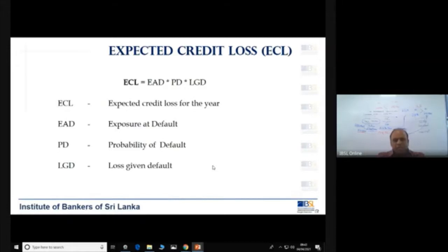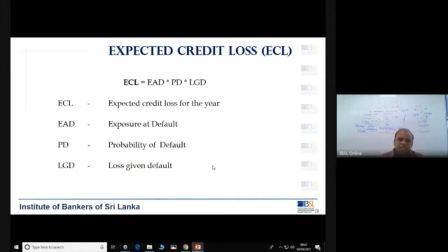Another term given for collective impairment is expected credit loss. Please make a note. So how does the ECL, the short form is ECL, work?